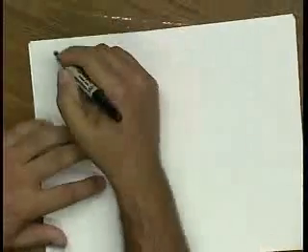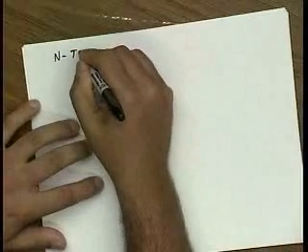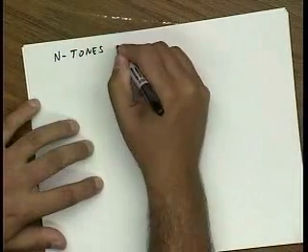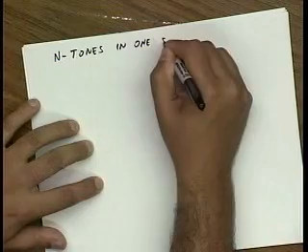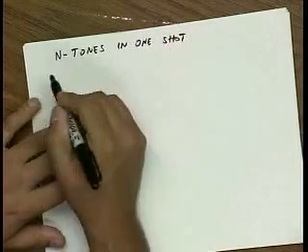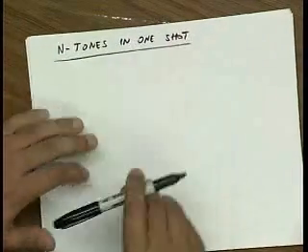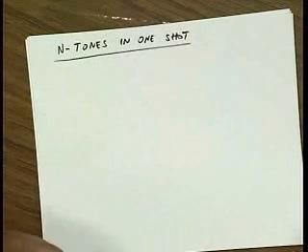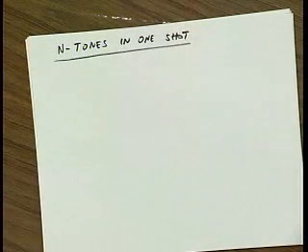All right, before we move on to feedback, I wanted to introduce you to a nice little trick which I'll call N-tones in one shot. The way we've solved the distortion problem so far has been longhand.